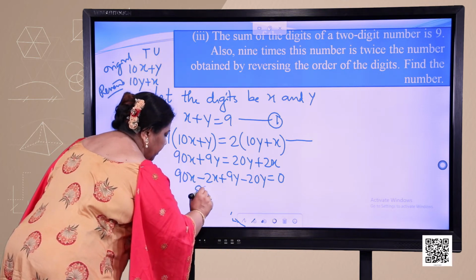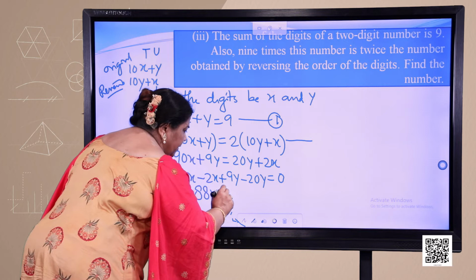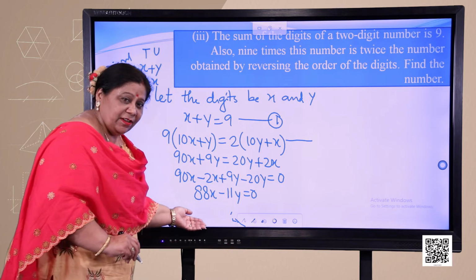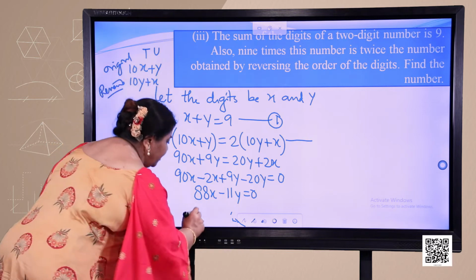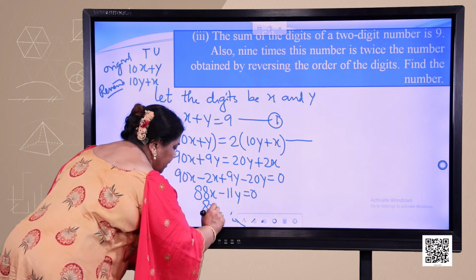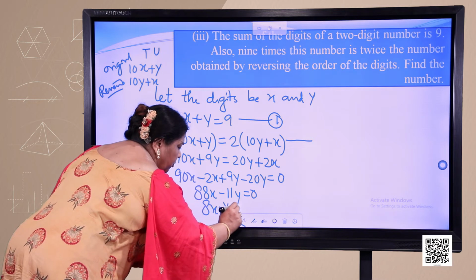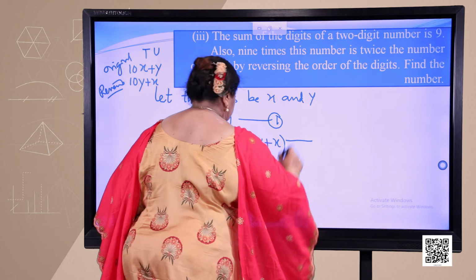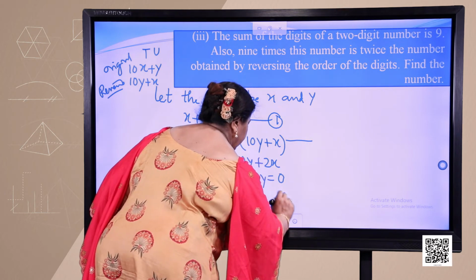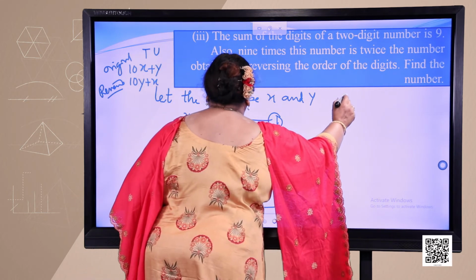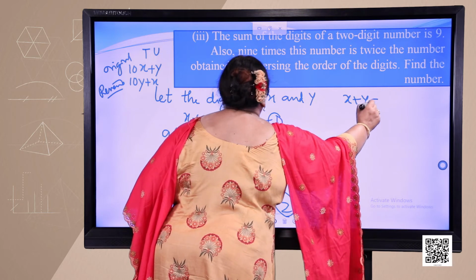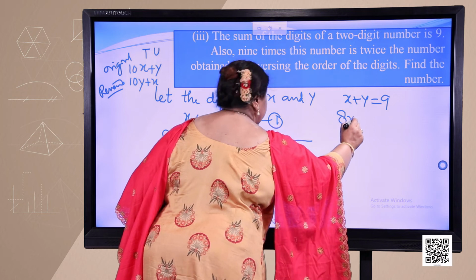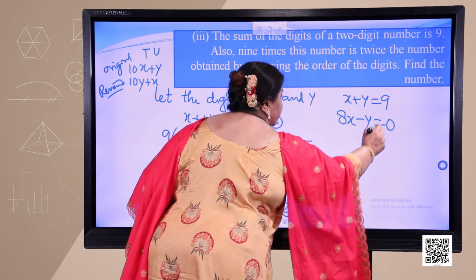It is 88x minus 11y is equal to 0. Can I simplify it further? Yes, 11 is common factor. So, I will get 8x minus y is equal to 0. So, our first equation was x plus y is equal to 9 and second one becomes 8x minus y is equal to 0.